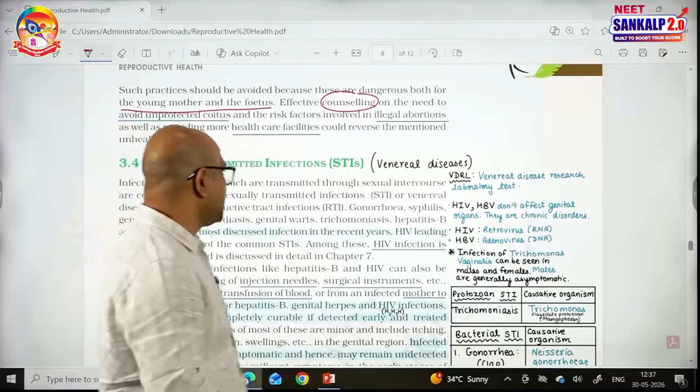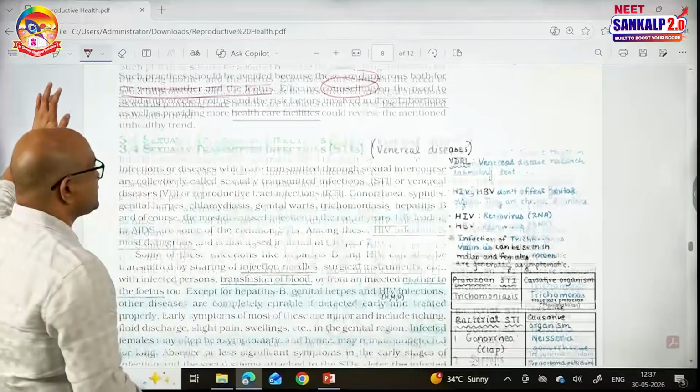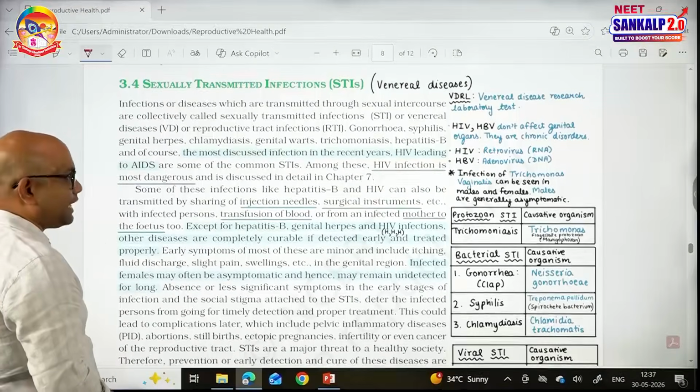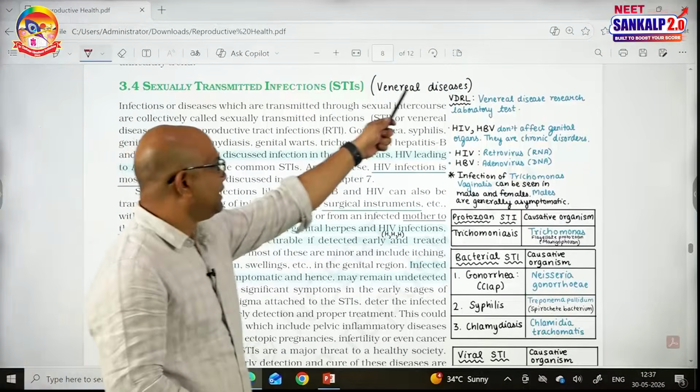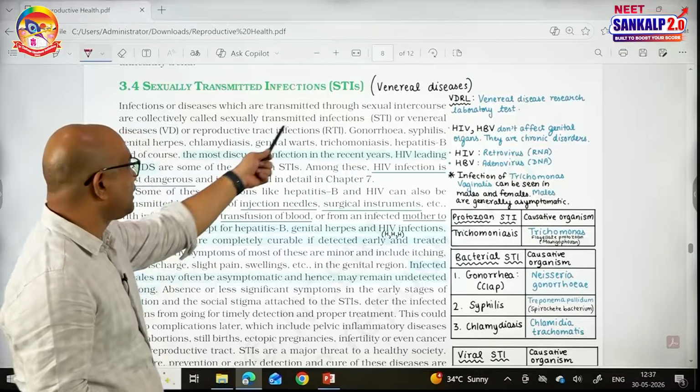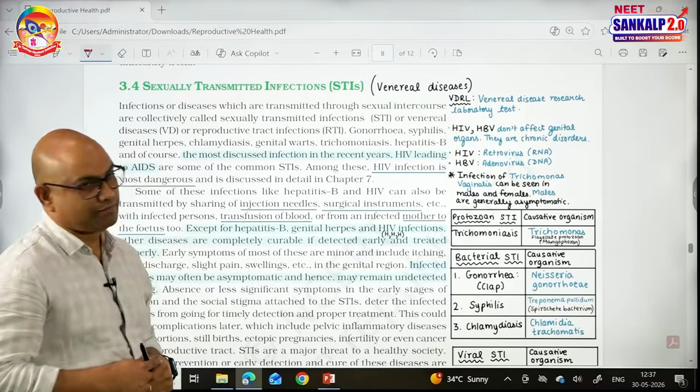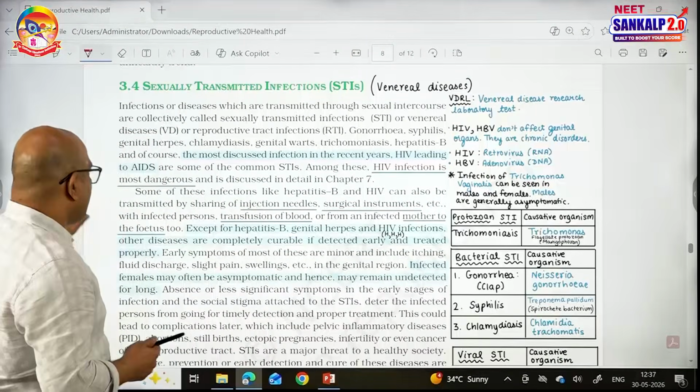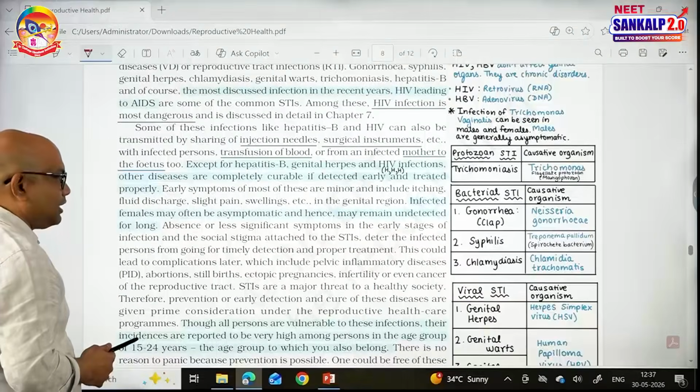The next topic is sexually transmitted infections, STDs, STIs, also called venereal diseases, also called RTI, reproductive tract infections. Generally these infections are caused by sexual contact.